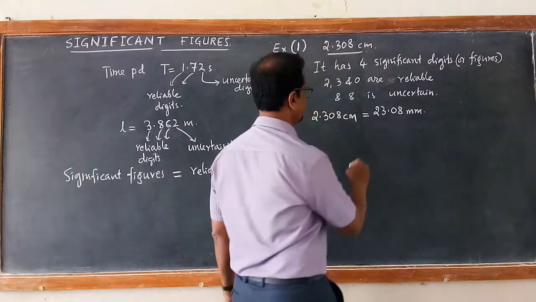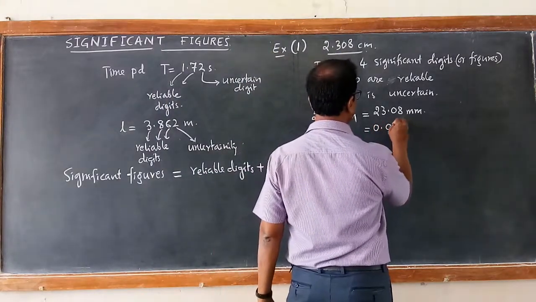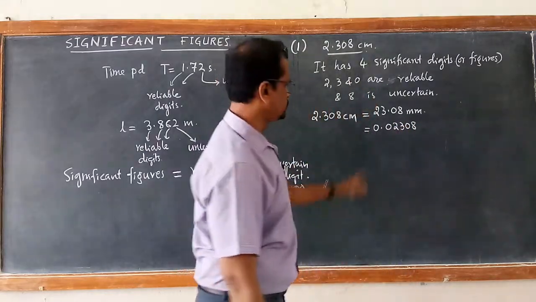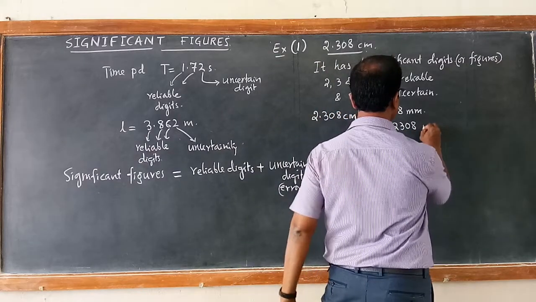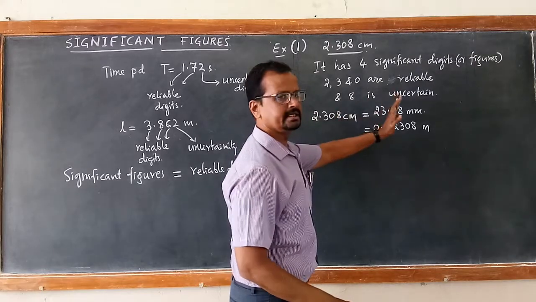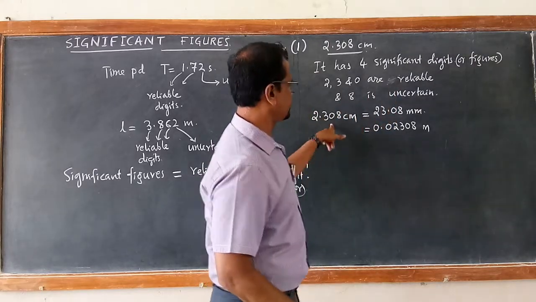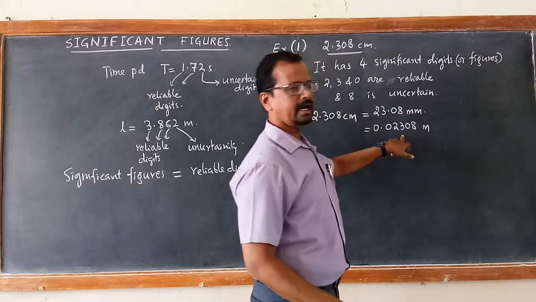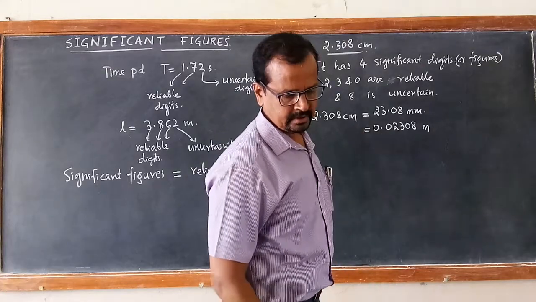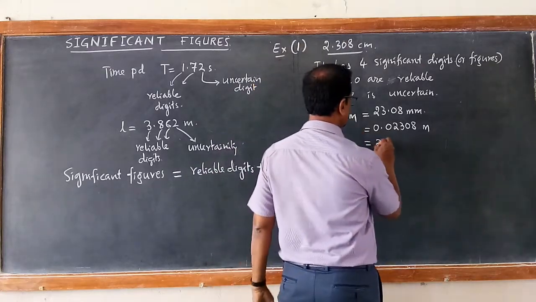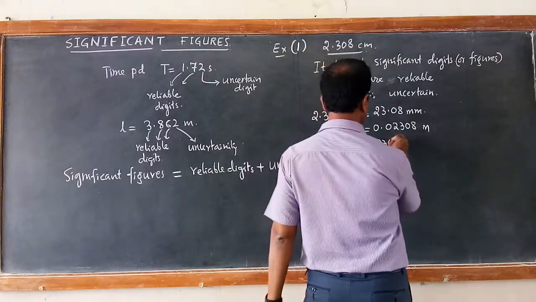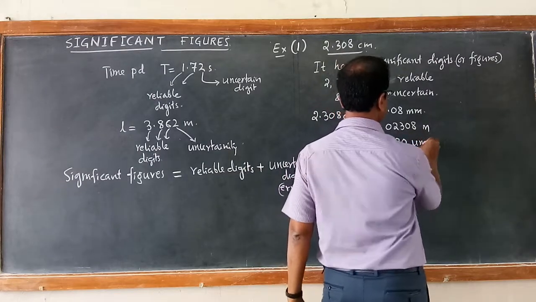I can also write the same thing as 0.02308 meter. I am not deleting any digit. I am taking the same number and expressing it in different units: first in centimeter, then in millimeter, next in meter. I can also express this in terms of micrometer, 23,080 micrometer.